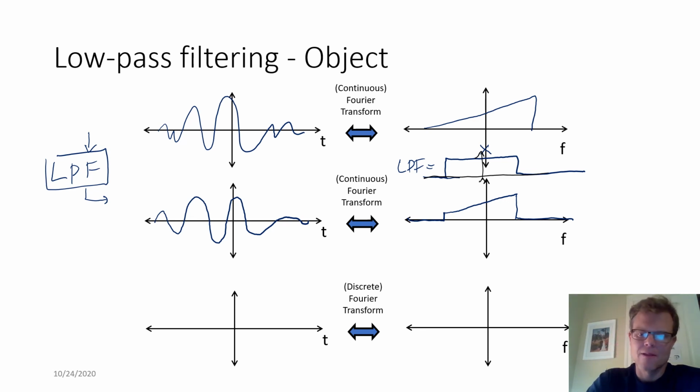Okay, and so then now we can come into this object and we can sample it. And we can choose this sampling interval to match the bandwidth of our low-pass filter.